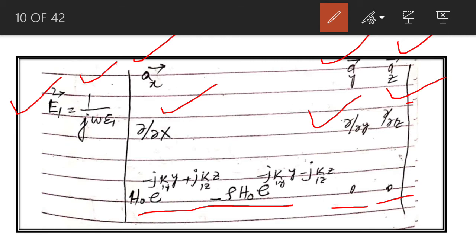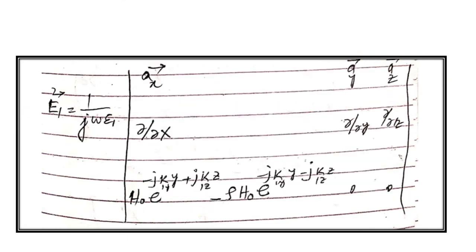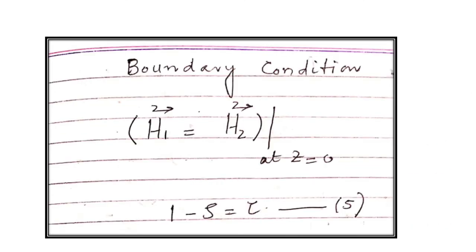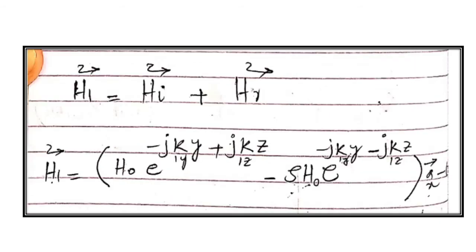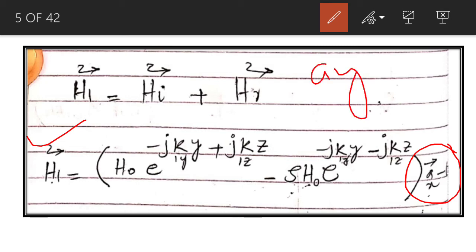So let us consider the equation for H1. Here is the equation for H1. And you see H1 has only one component, that is the x component. There is no component along y axis, and there is no component along z axis.